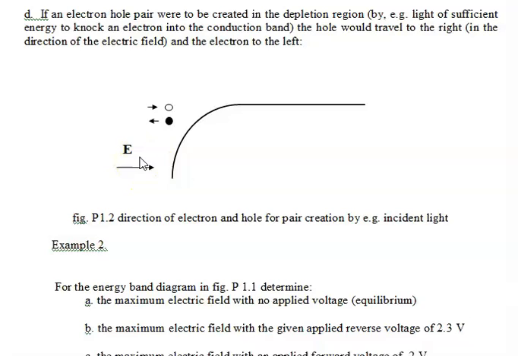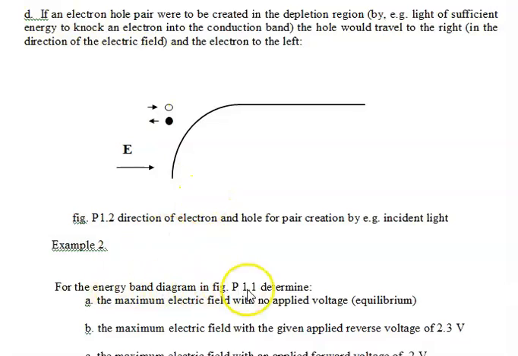Again, this is the internal electric field, which means that holes would go in the direction of that electric field, and electrons would be pushed opposite. So holes go from left to right, positive. It's a positive current. Electrons go from right to left, which is also a positive current.